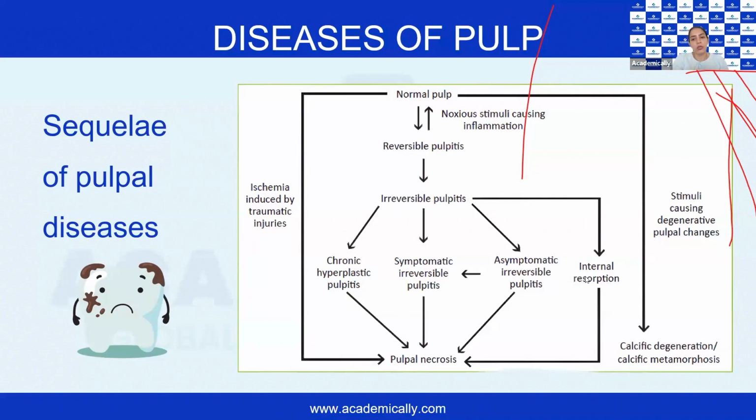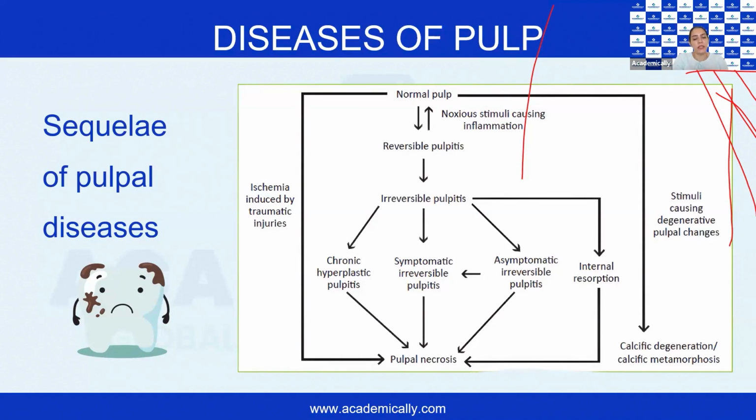And then there is the internal resorption variety. Here, odontoclasts get active. They start eating the dentine inside. There is a pulp canal tissue and the dentine surrounding this. We say internal resorption because inflammation is happening within this pulp tissue. The dentin is being eaten up. That is the boundary of the pulp, and this is inside.